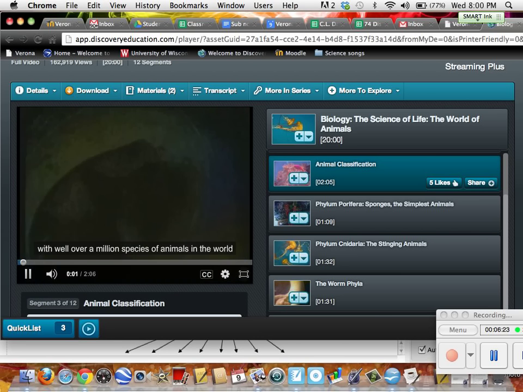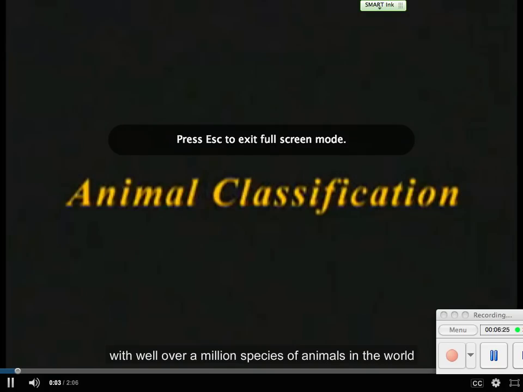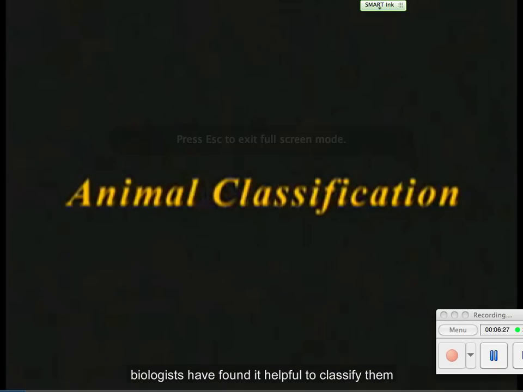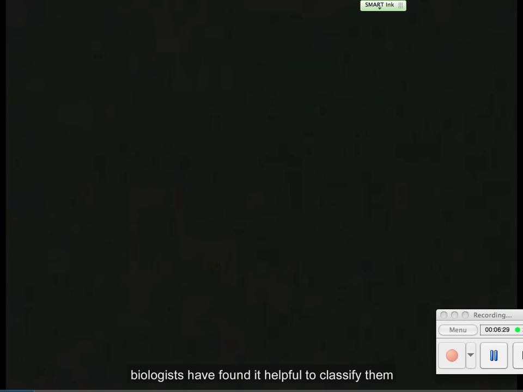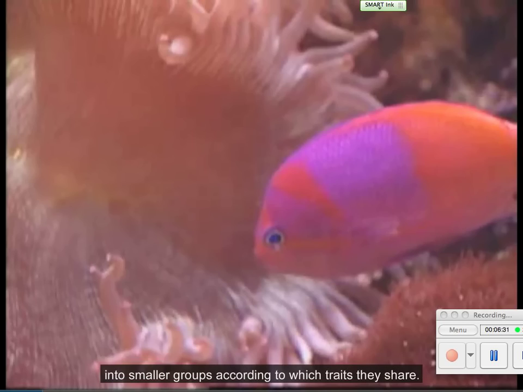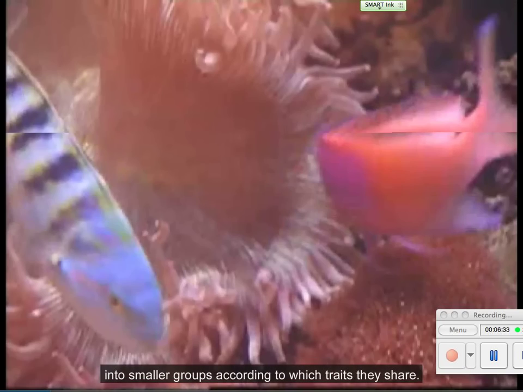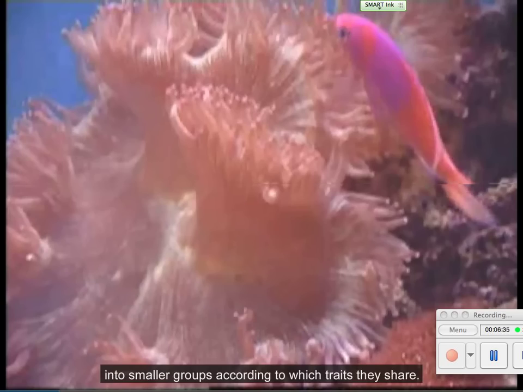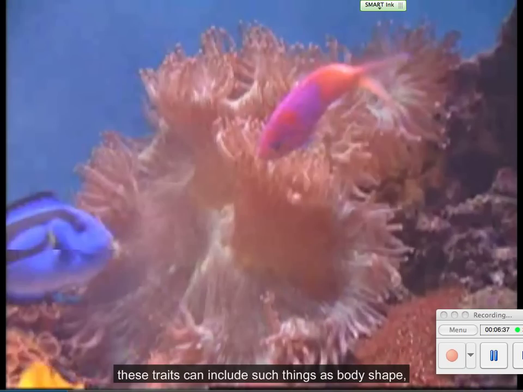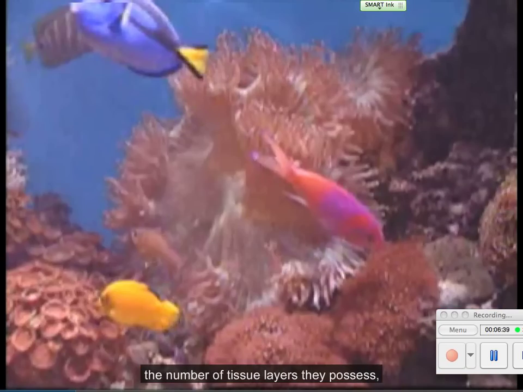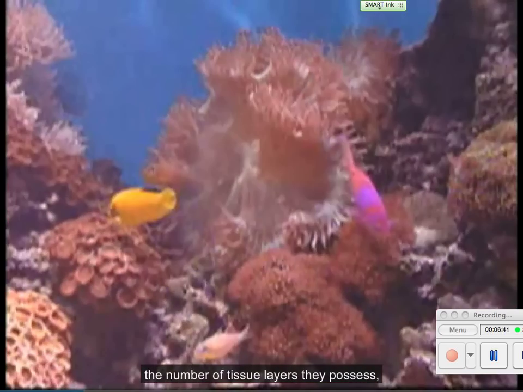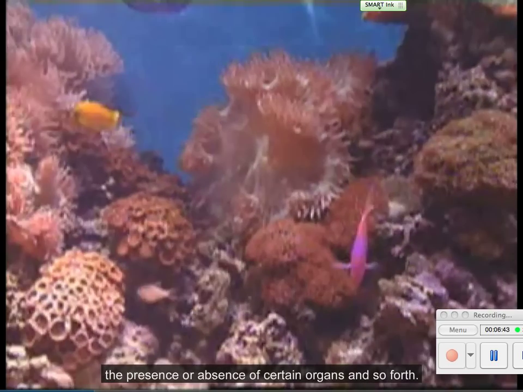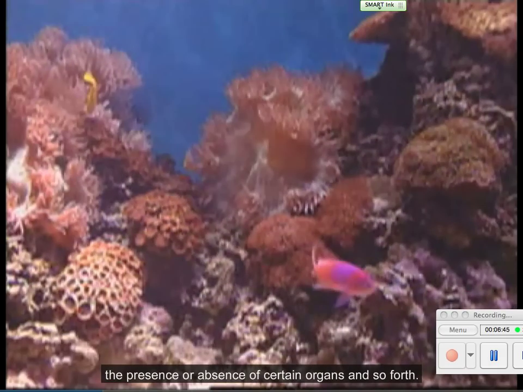With well over 1 million species of animals in the world, biologists have found it helpful to classify them into smaller groups according to which traits they share. These traits can include such things as body shape, the number of tissue layers they possess, the presence or absence of certain organs, and so forth.